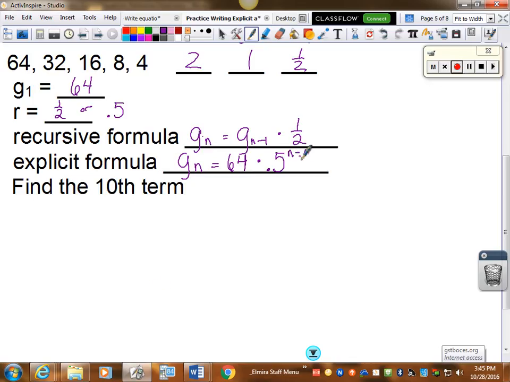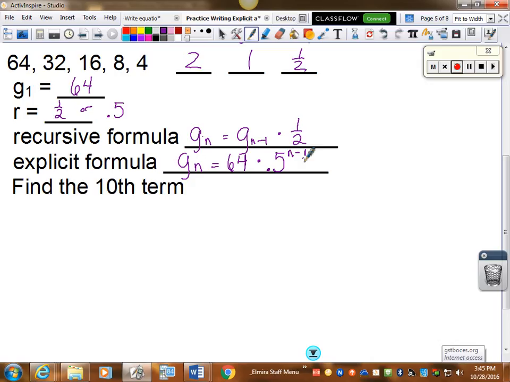Here again, make that n minus 1 small and look like an exponent. If you make it too big, I'm not going to be convinced that you understand or remember the formula. Maybe you think you're supposed to multiply the n times the 5 and then just randomly subtract 1. Make them small.